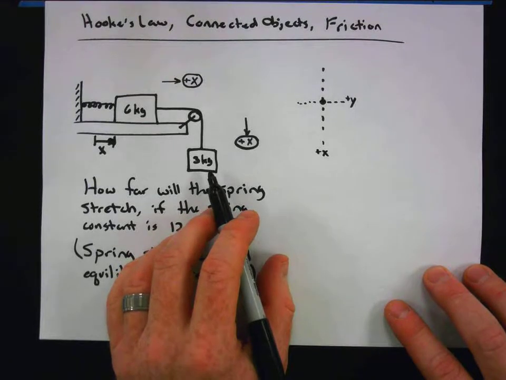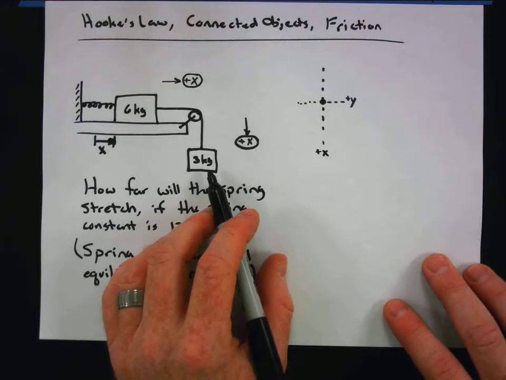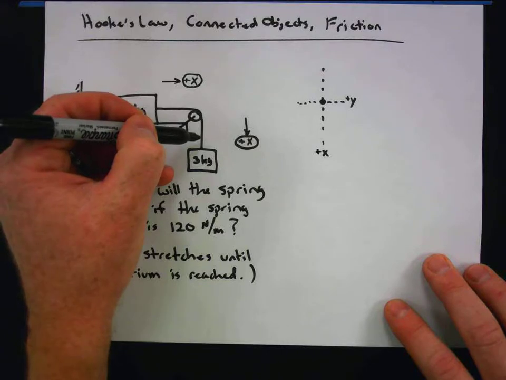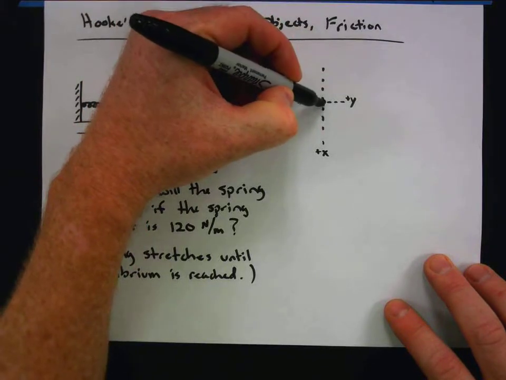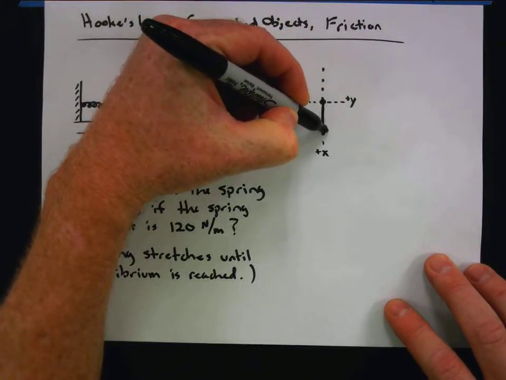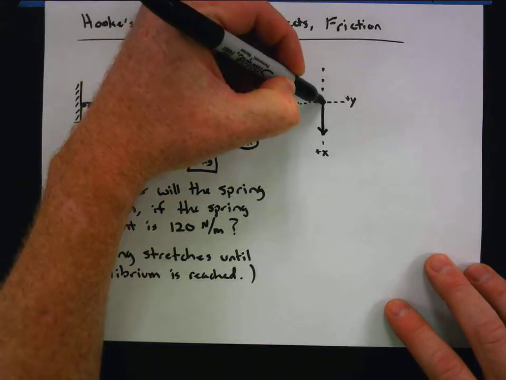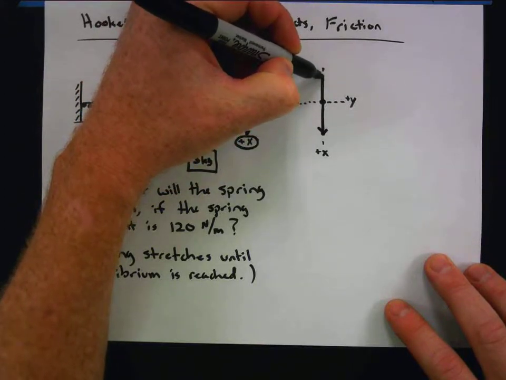The only forces acting on this guy will be the weight downward and the tension in the string upward. And because we have a state of equilibrium, I know that those two forces must be equal.